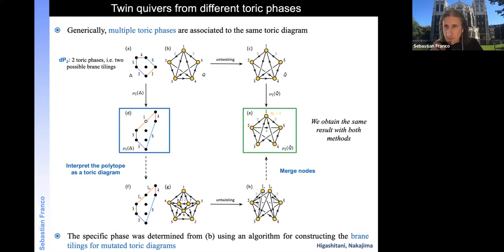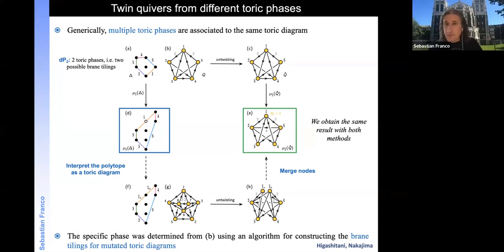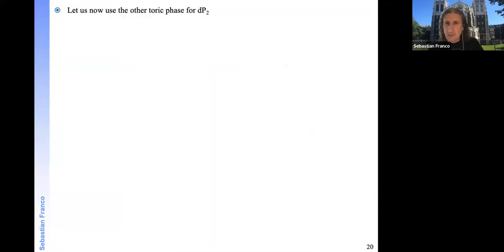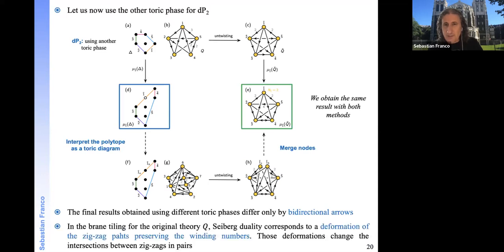Very good. If you do the two procedures you talked about here to that starting quiver or that starting toric diagram, do you also see the bifundamental? Very good, but this is not that bifundamental. So this is the bifundamental bidirectional arrow that appears here.